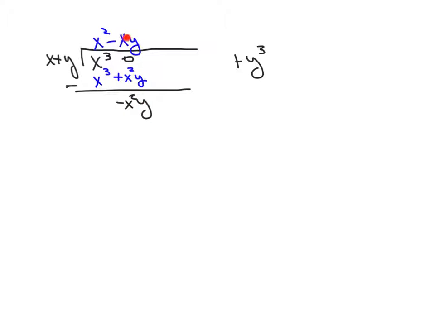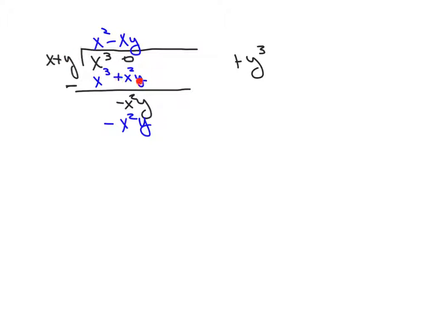Alright, now let's multiply this times this. So that's going to give me x times x, which gives me negative x squared y, and y times nothing there. So I'm taking this times this x, and that's going to give me that. Now we're going to take the xy times the y.